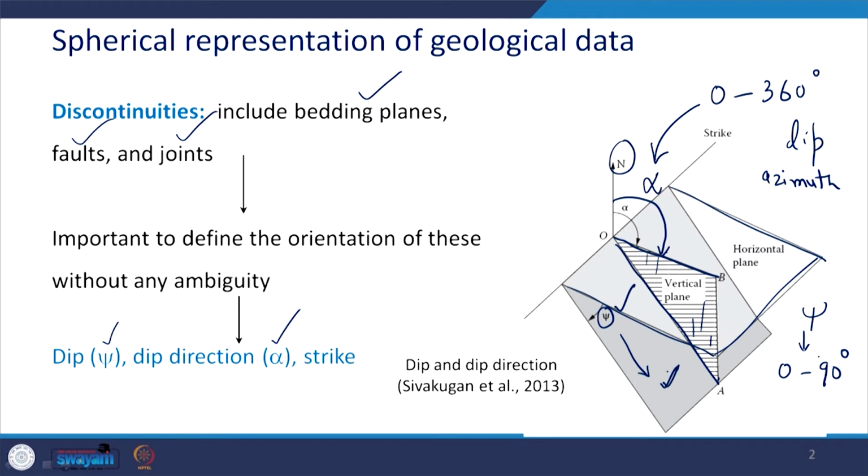Now, any plane can be specified in this particular manner, let us say 40/210, or let us say 20/080 and so on, where the angle before the slash denotes dip, and after it denotes dip direction.